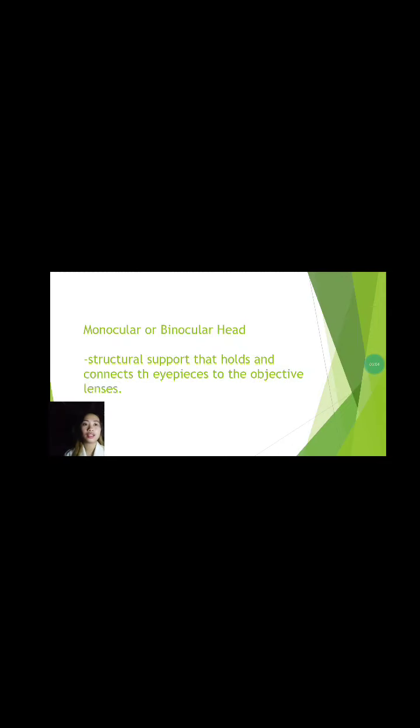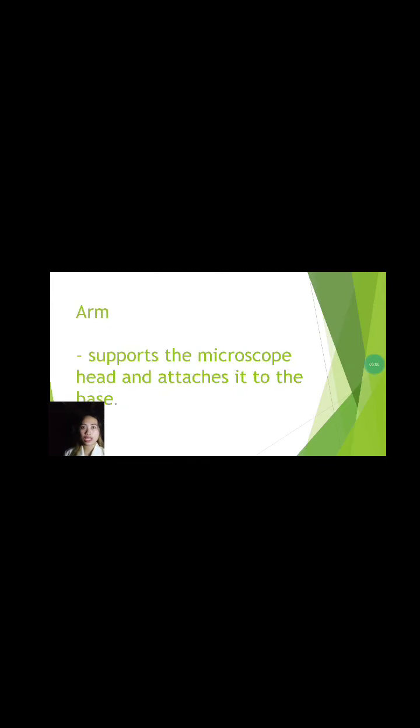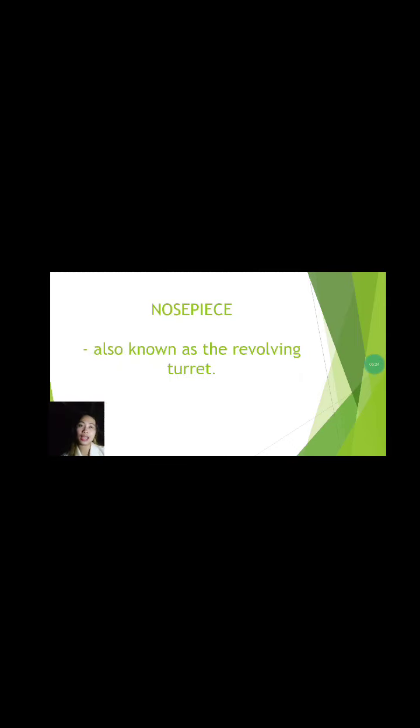And then, next one is the arm. It supports the microscope head and attaches it to the base. So, same sa tawon ay arm sa ang microscope. Compound man siya or mas simple na siya arm katong gunitana niya. And then next is the nose piece.